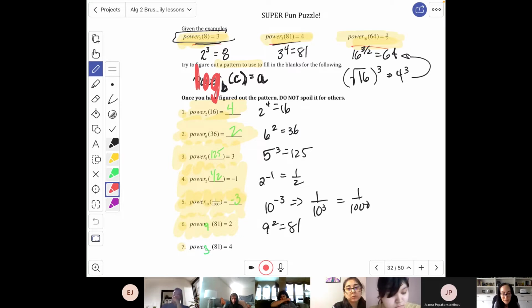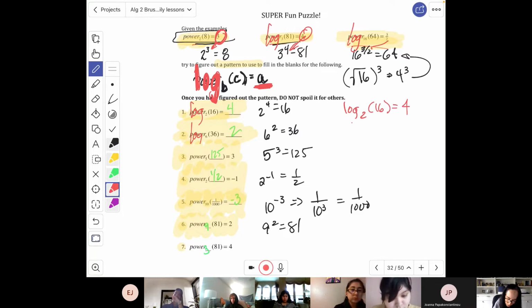Logarithms relate to exponents. So the output to a logarithmic expression, this is an exponent. The output to a logarithmic equation is an exponent. So if I change all of these to log base 2 of 16 is 4, log base 6 of 36 equals 2. Do you see how I'm just rewriting the word power with log?